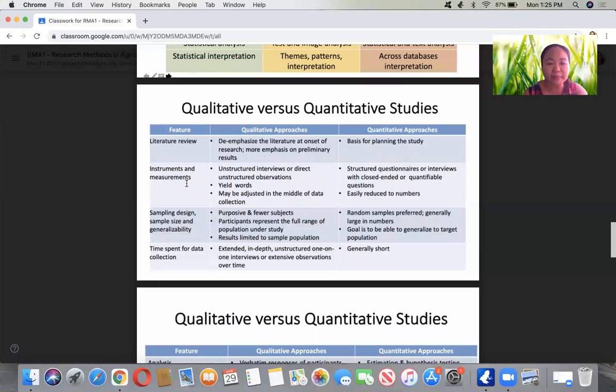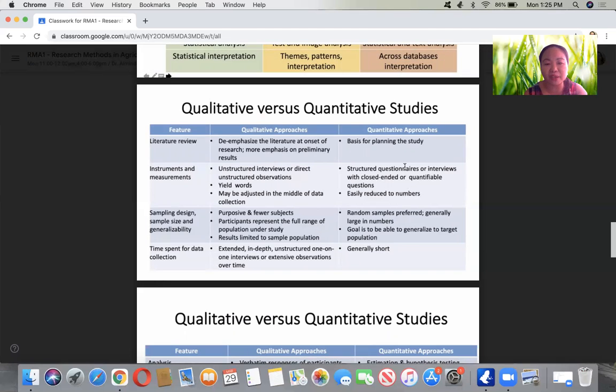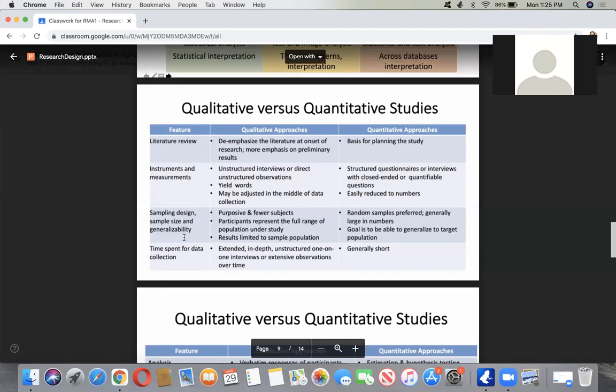And for instruments and measurements, for the qualitative approach, you use unstructured interviews or direct unstructured observations, and you yield words, which may be adjusted in the middle of data collection. But for the quantitative approach, structured questionnaires or interviews with close-ended or quantifiable questions, easily reduced to numbers. So this is more objective compared to qualitative.